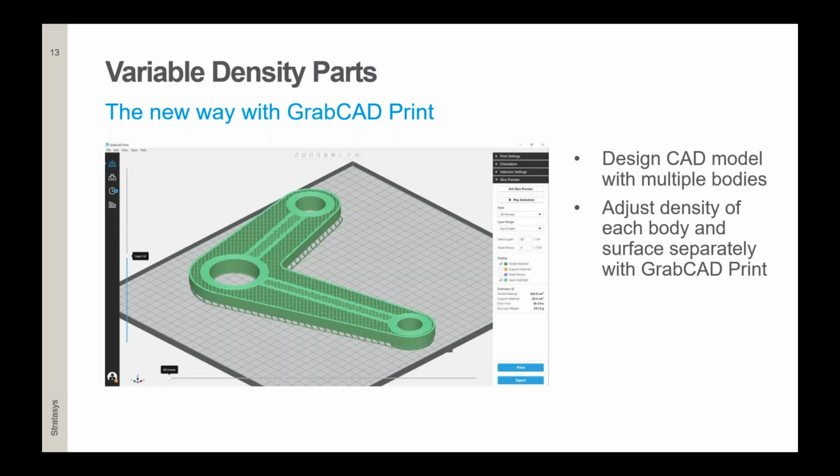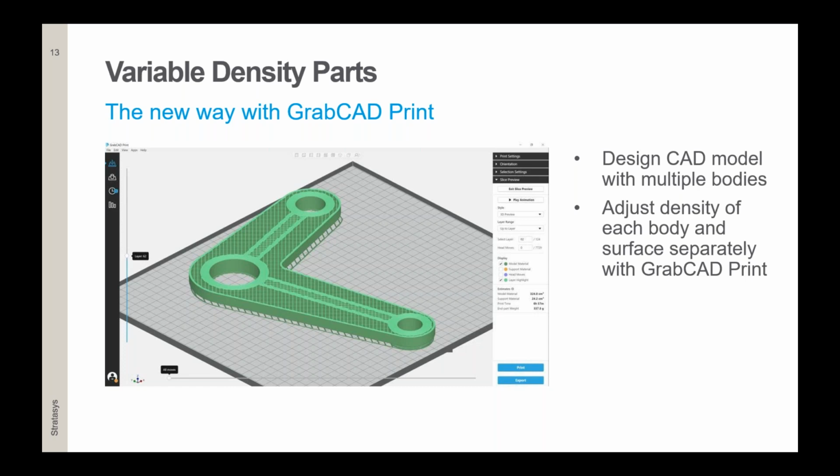Also, since we're selecting CAD files directly, we can do things such as resizing holes to accept the wide library of standard inserts that we already have in GrabCAD Print, without even having to go back into the CAD software itself.